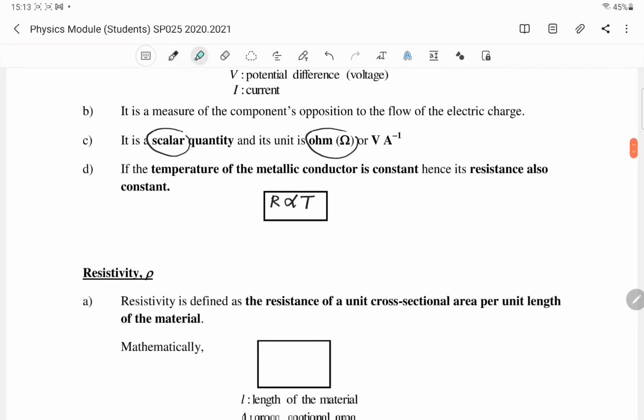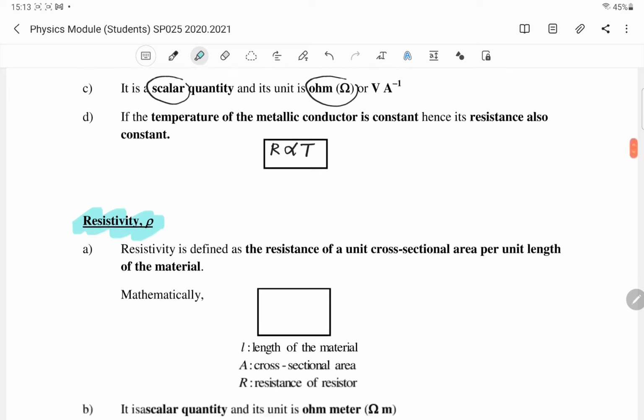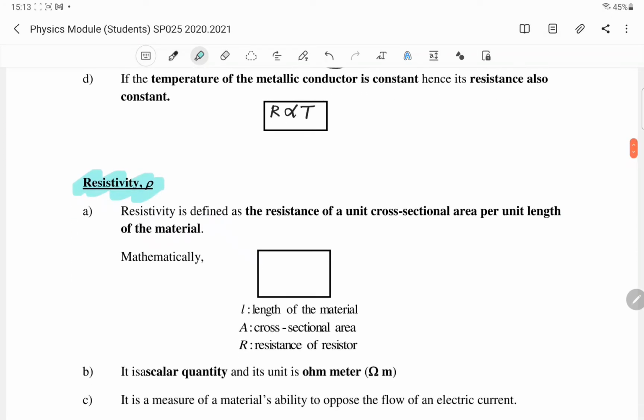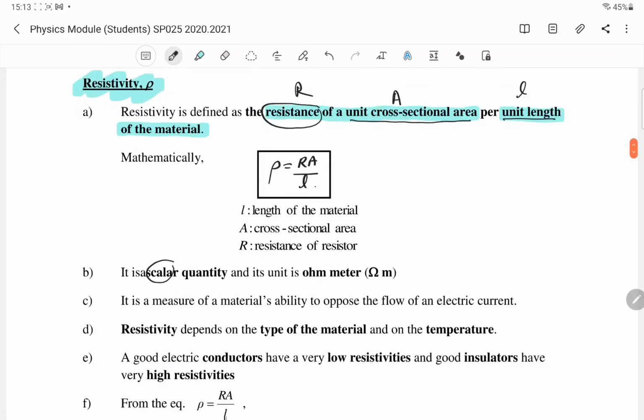Alright, so we go to resistivity, which the symbol is rho. Resistivity is defined as the resistance of a unit cross-sectional area per unit length of the material. Mathematically, we have rho is equal to RA over L, defined as the resistance of a unit cross-sectional area per unit length L. It is a scalar quantity and the unit is ohm meter.